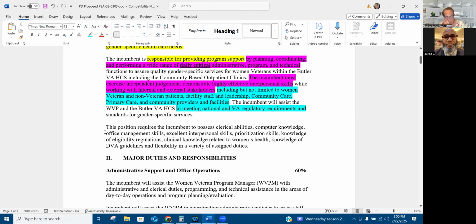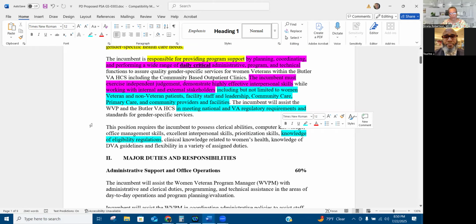The position requires the incumbent to possess clerical abilities, computer knowledge, office management skills, excellent personal skills, prioritization skills, knowledge of eligibility regulations. That's going to speak to the guidelines, right?